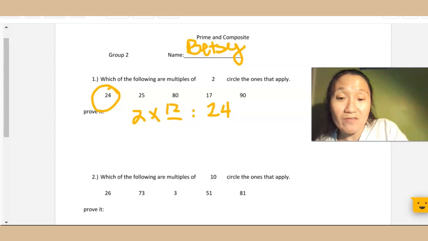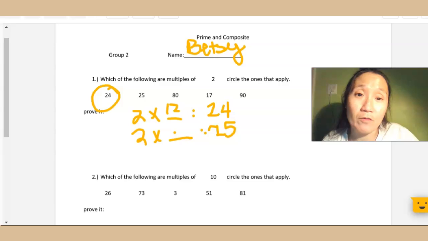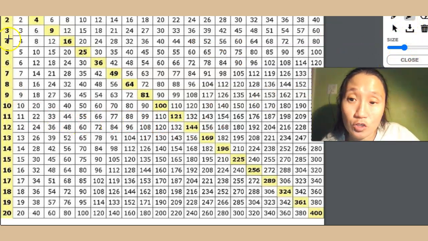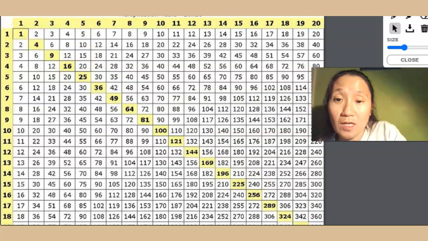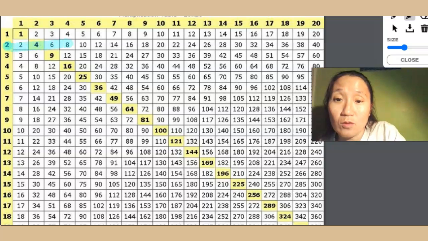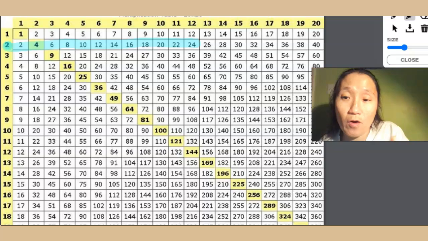The next one, 25. 2 times anything equals 25. Well, if we go back here and look, let me scroll down here just a little bit. So if we look at it, we have the 24.